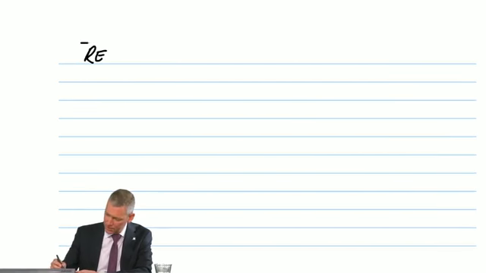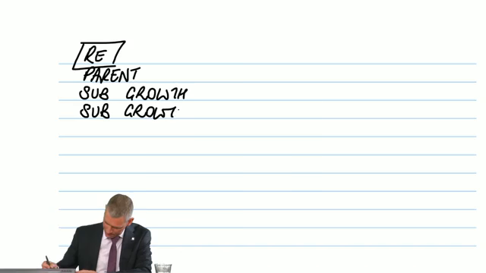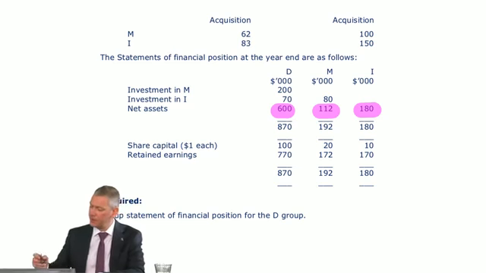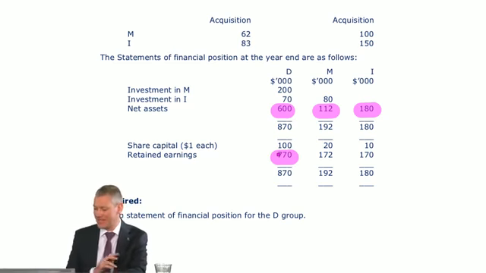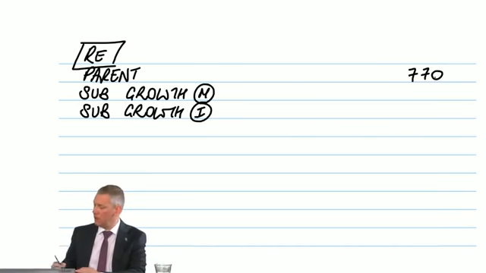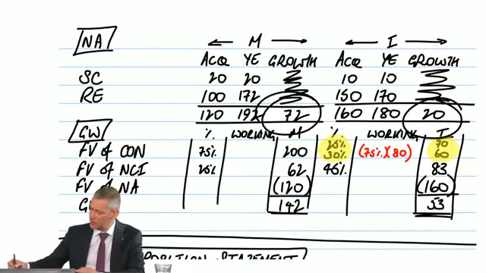So the retained earnings are based upon the parent and the 2 subsidiary growths, M and I. So the parent had profits in its reserve of 770, and the growth of these 2 babies was 72 and 20.